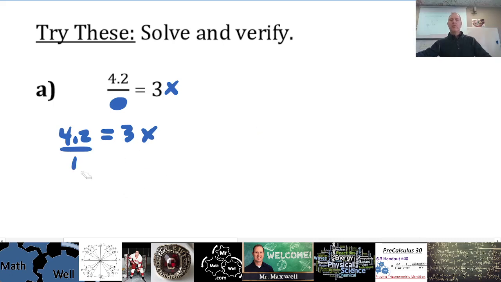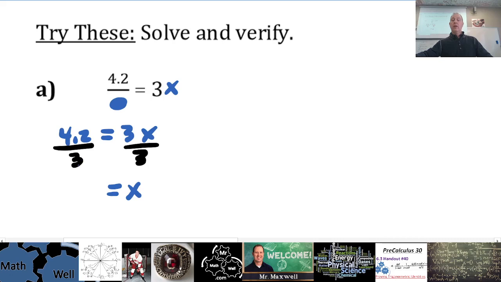Now all you do is get rid of the 3. The 3 is being multiplied, so I'm going to divide both sides by 3. So I have x equals, what's 4.2 divided by 3? 42 divided by 3, let's see. 3 times 1 would be 3. I need another 1.2.